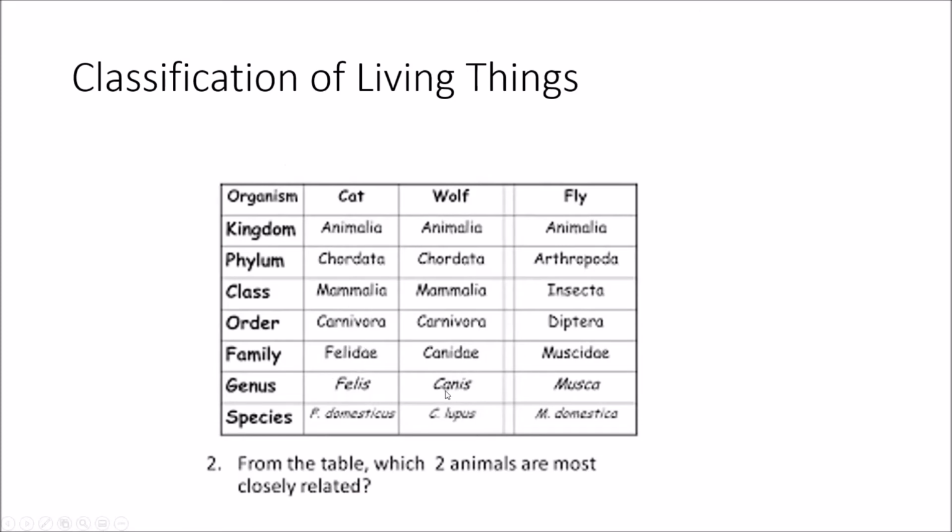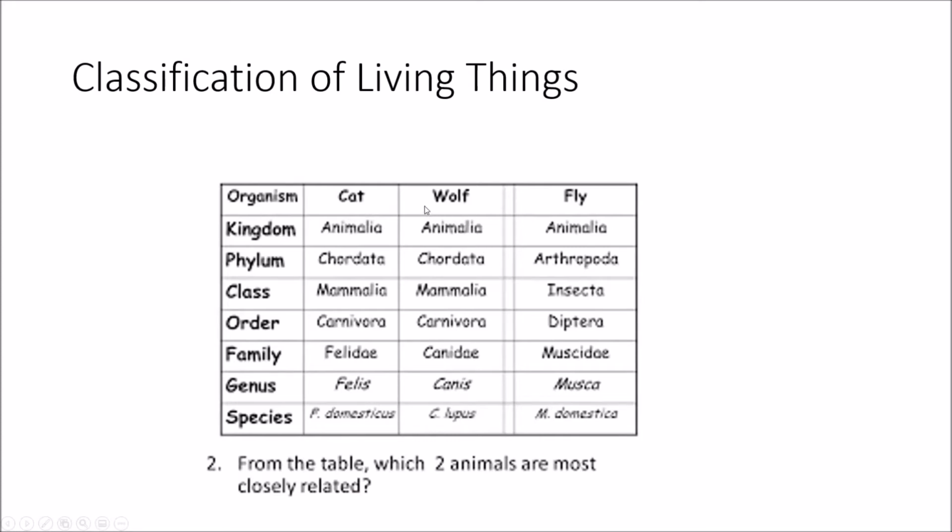There's also a difference in the genus they're in. And obviously, when it comes to the species, there's always going to be a difference in species when you're comparing different organisms. Okay? So that is how the 7 levels of classification are used.